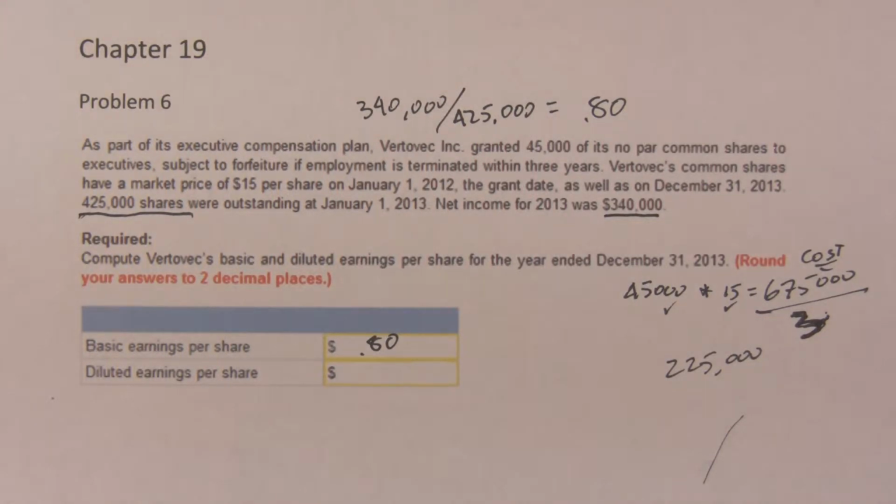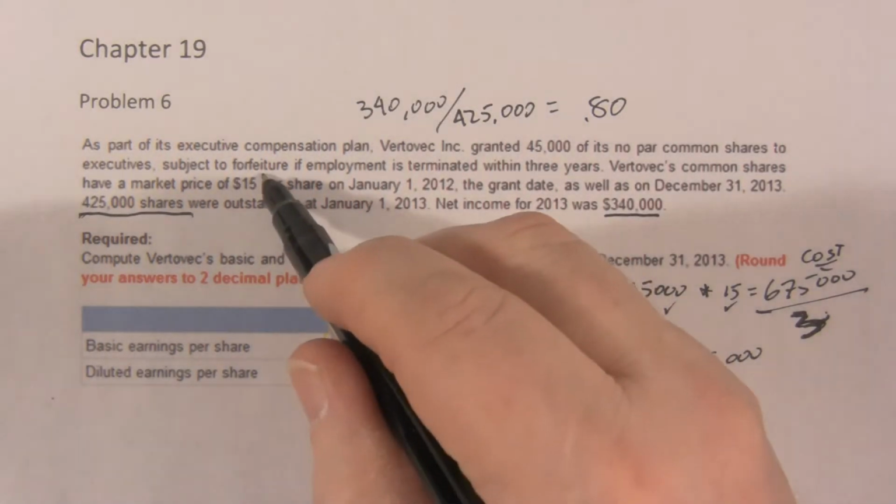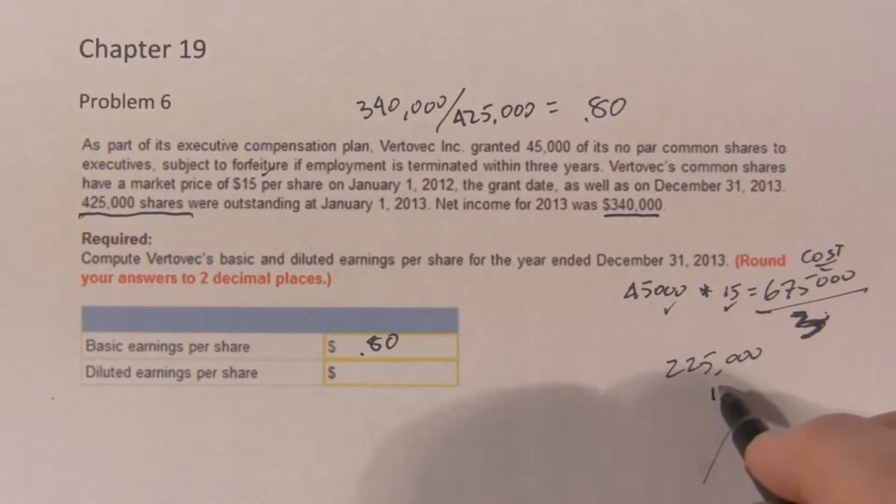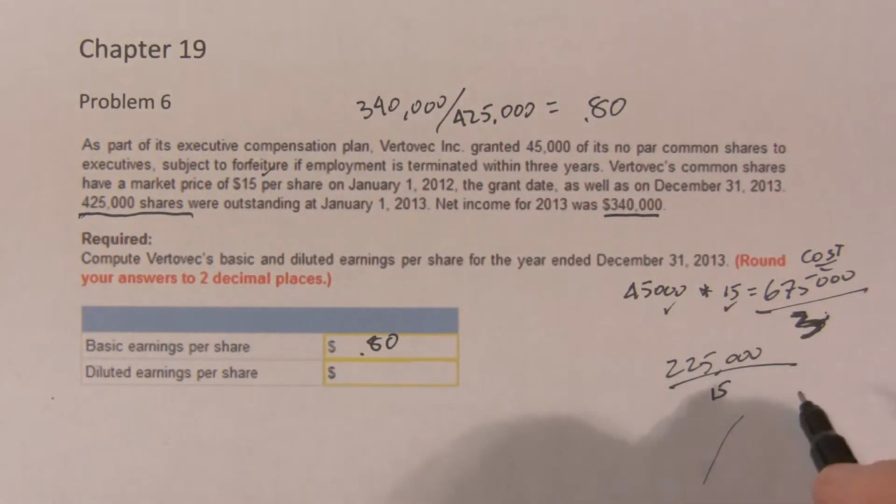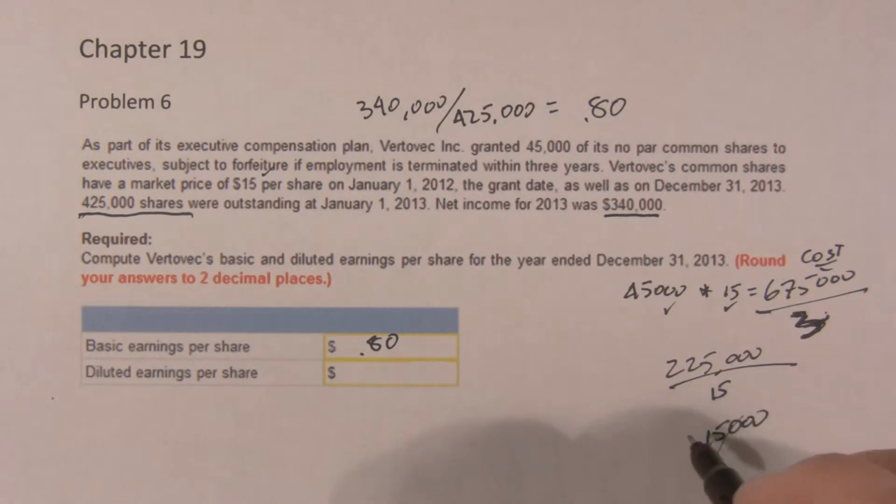If we're doing fully diluted, we pretend that everything that can dilute does, and does so at the beginning of the year. So first of all, let's see how many treasury shares we could have bought. Well, the shares are $15. So we divide that by $15, and we find that we could have bought 15,000 shares.